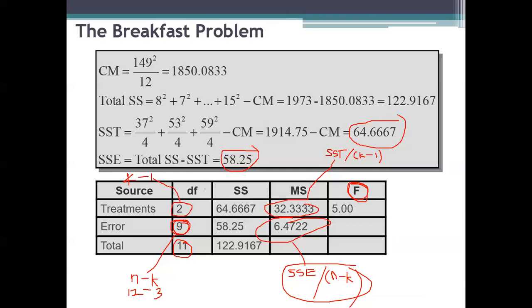If you also refer to the previous slide in the general table of ANOVA, the simple formula to get F is MST divided by MSE. Okay, so MST here divided by MSE, you will get 5.00.